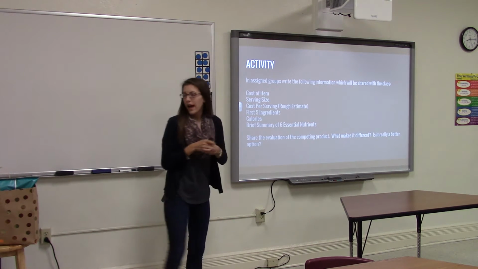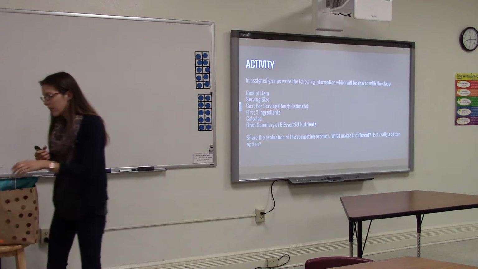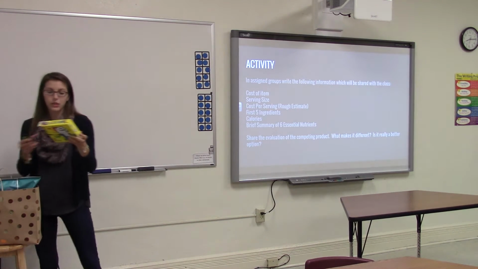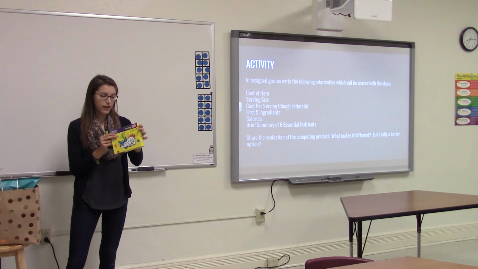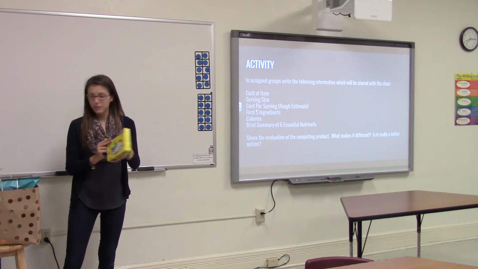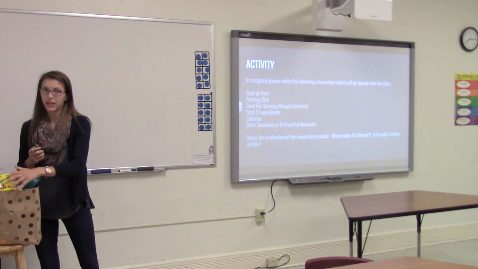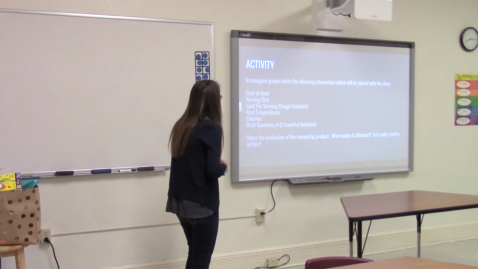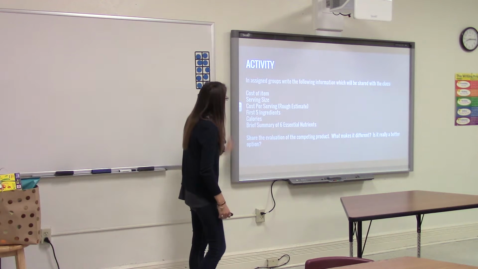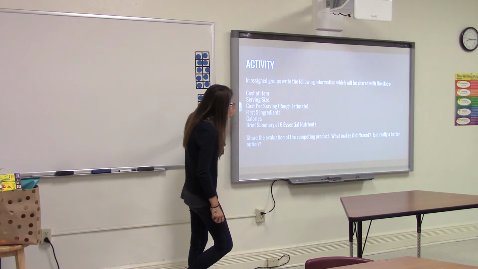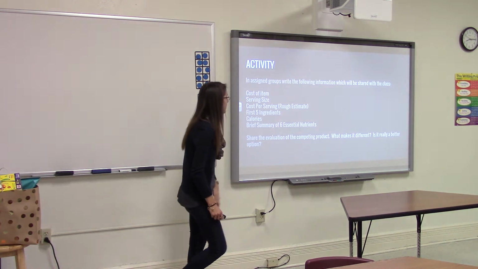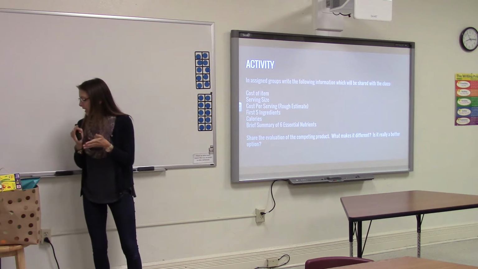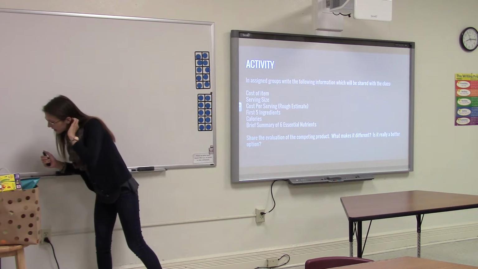A lot of the packaged foods, especially sugary ones, are going to have high fructose corn syrup, which is something we want to try and avoid because it's essentially like a man-made sugar, so our body isn't really good at digesting it just because it's not a natural ingredient. And then you want to look at the calories and a brief summary of the 6 essential nutrients. So vitamins, minerals, water, protein, and fats, and carbs, sorry.